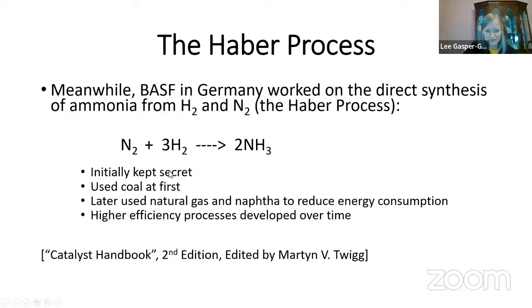Initially, the Germans kept this secret because they started realizing they were onto something special here, which they were. They used coal at first as their source of hydrogen, and then later natural gas and naphtha to produce the hydrogen to react to form the ammonia.